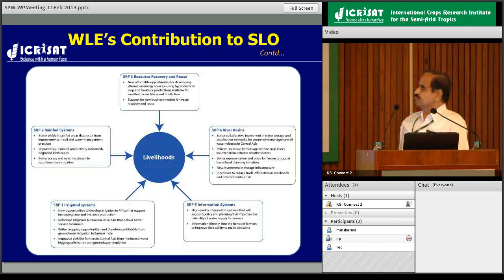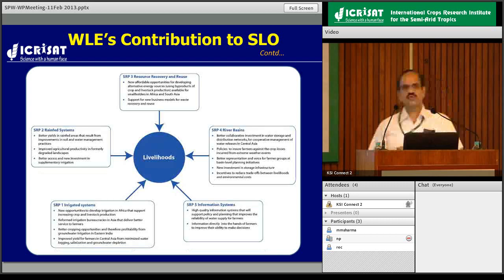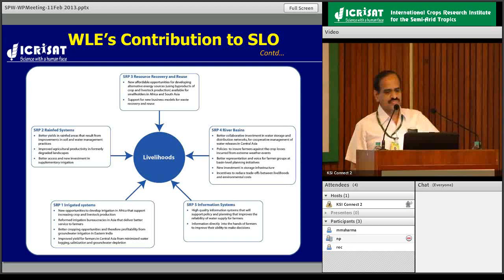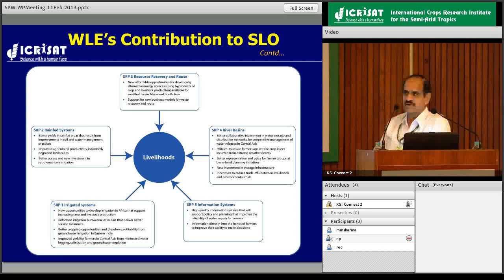For improving the livelihoods, once we are able to enhance the environmental sustainability as well as the agricultural production to achieve food security, basically through business models, what we are really looking into is how the livelihoods can be improved by generating income for other sectors or other stakeholders like women and landless communities in the basins or in the watersheds where we are looking.